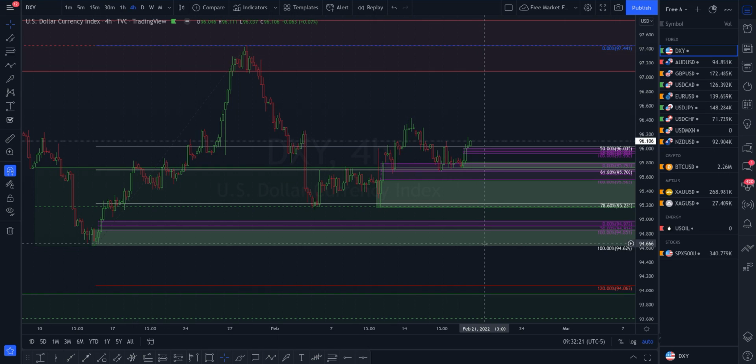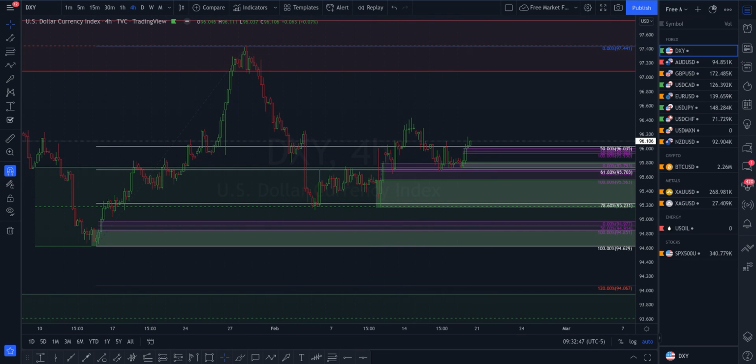Now, we do have this demand zone right here, but it's very close to the 100%, so I would be less likely to be interested in this zone per se. The zone that I would be looking for would be this zone right here.